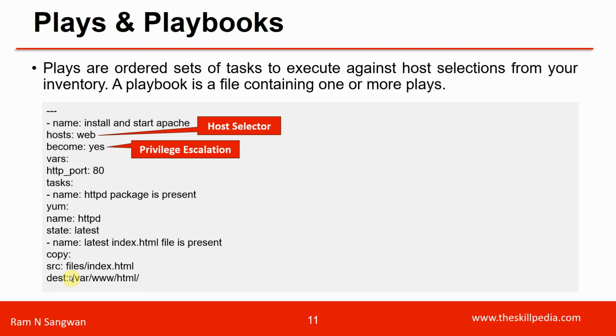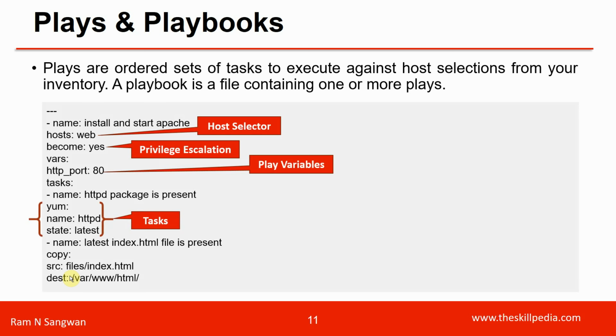Become is yes, it is privilege escalation defined in the playbook. This vars has http_port 80, a play variable defined. This is a task, name HTTPD package is present. Yum is the module, name is httpd, state is latest.